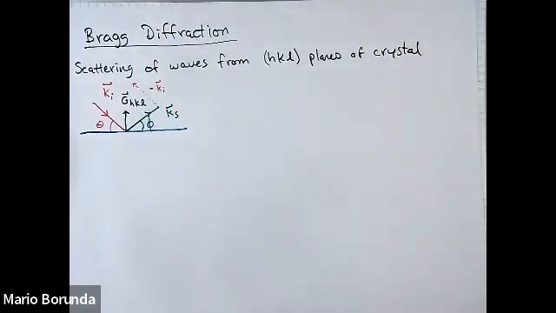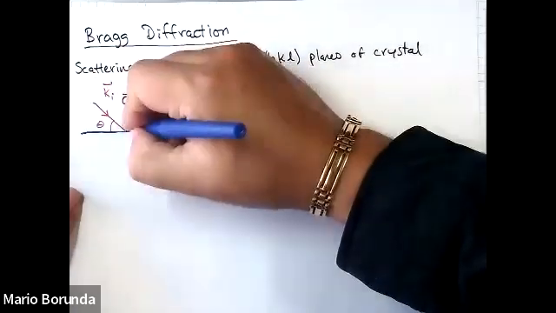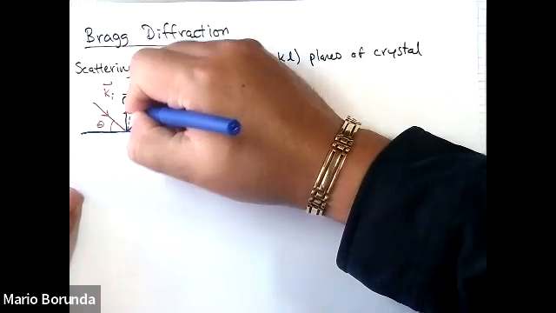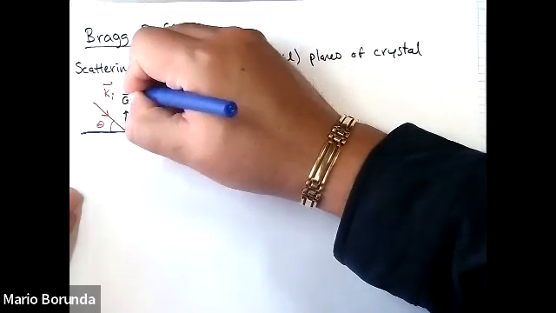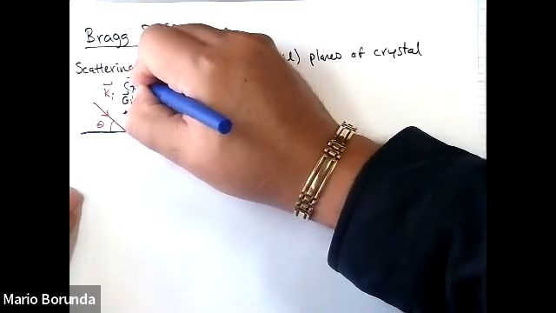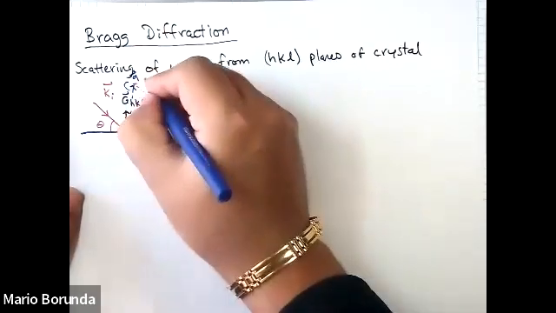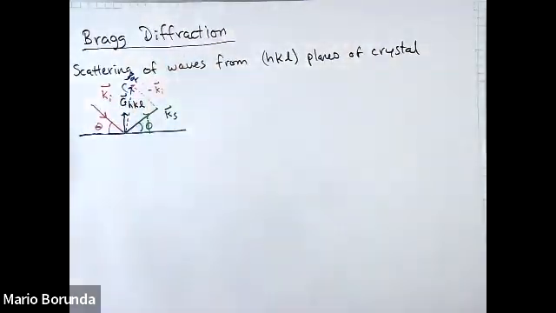And if I do that, then I can give you this additional vector that goes here. This vector is the vector q. So this q is Ks minus Ki, just like before, right? Questions?